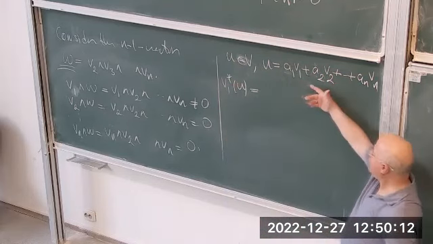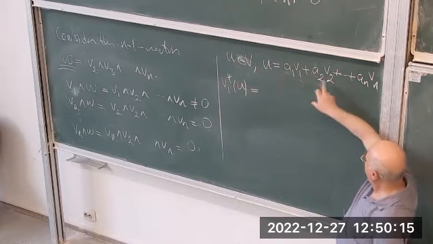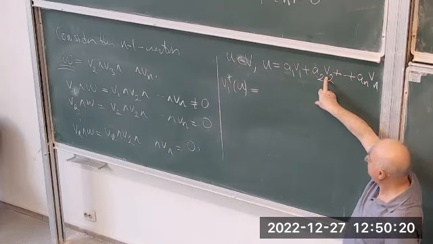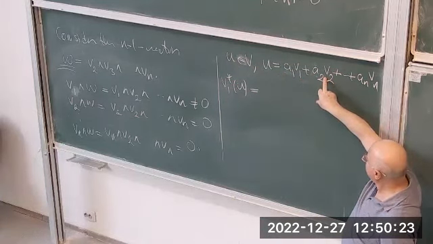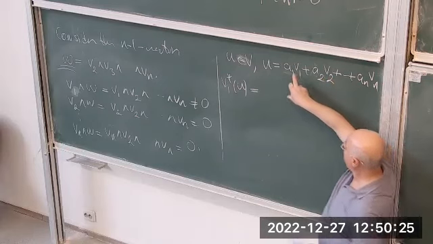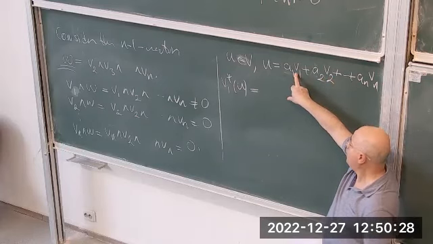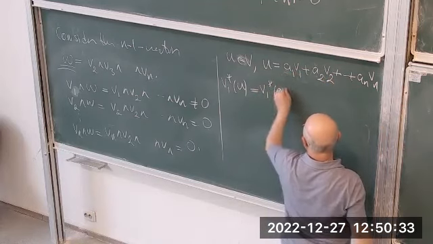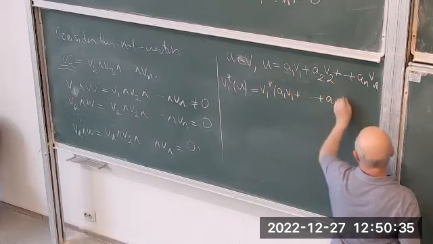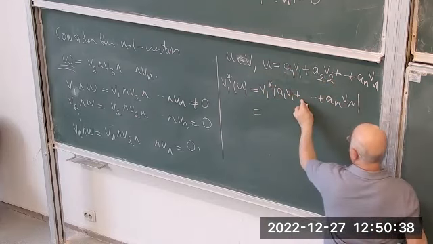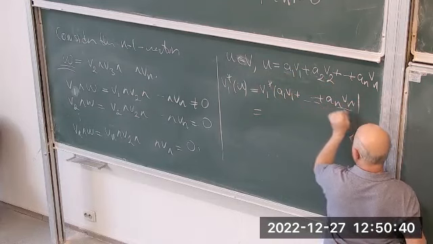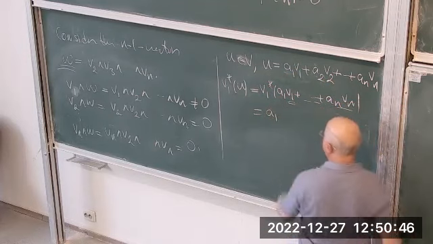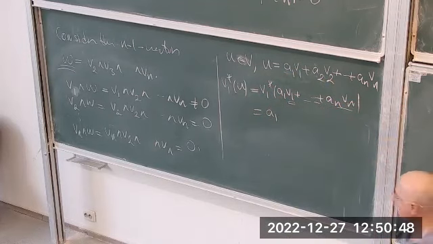Well, V1 star on V2 gives 0, and likewise on the other vectors. It will just give 1 on V1, and the coefficient is A1, so this is just A1, right?